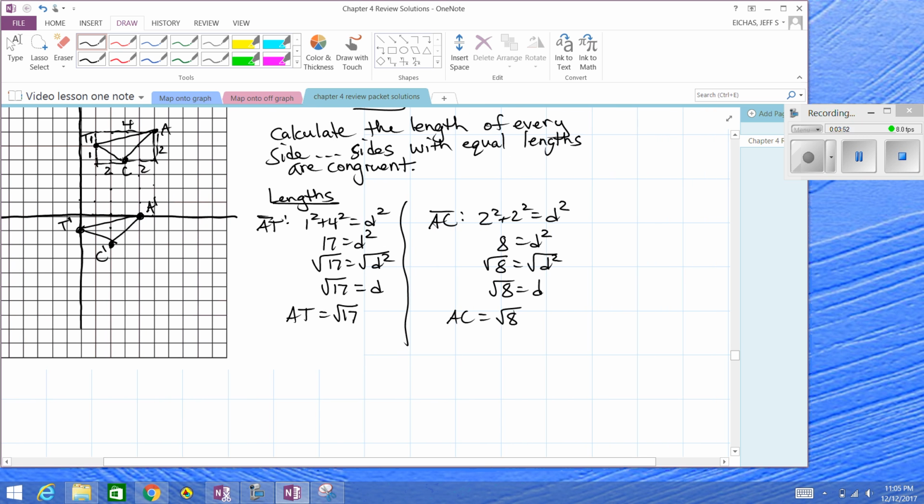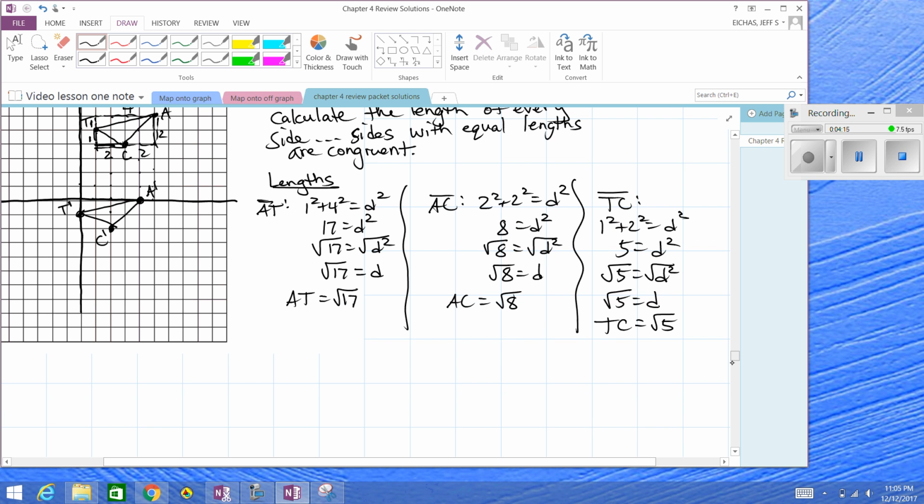It's down 1, over 2. So we get the length of TC. It's going to be 1 squared plus 2 squared, which is 5. And that gets us TC. Okay, so that's all the sides of triangle CAT.